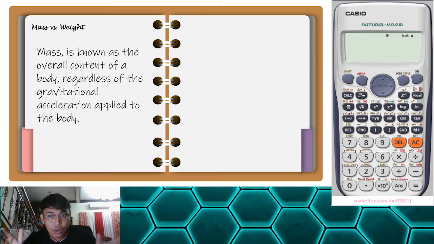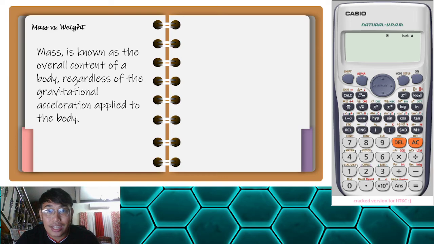When we say your mass is your mass, that is the content of your body. If you lift something heavy, your mass will be the same. You just added some mass because of the object you lifted, but your mass is your mass.